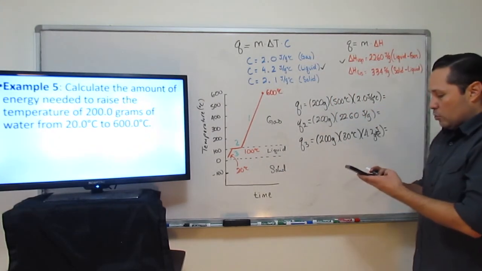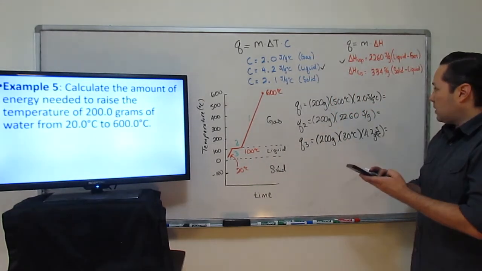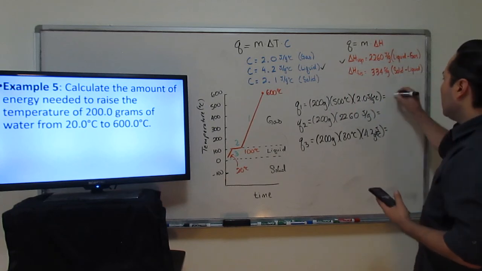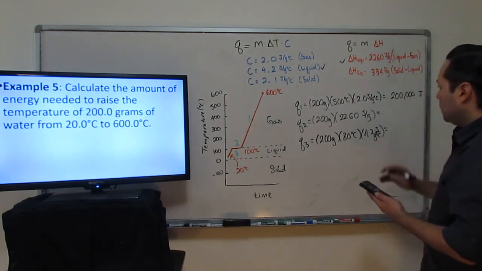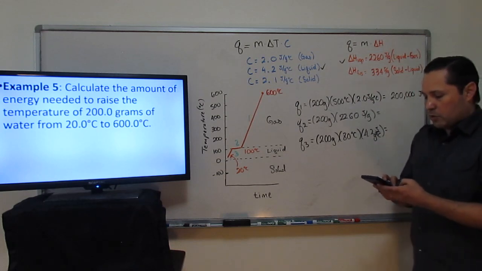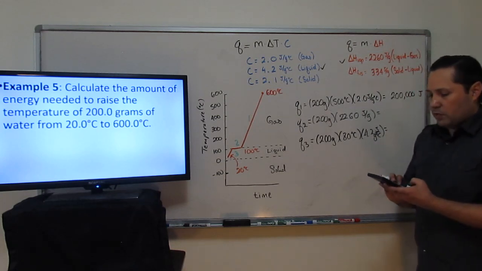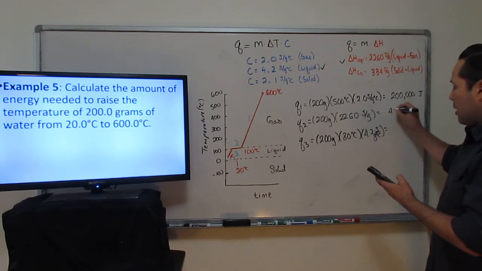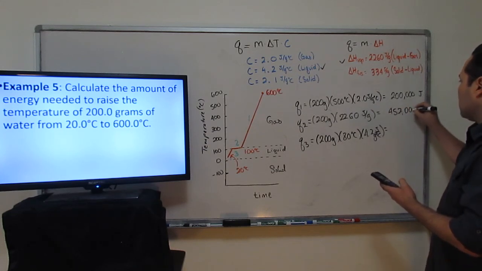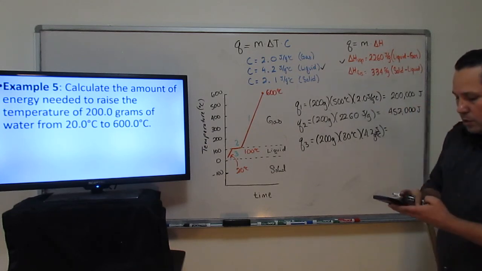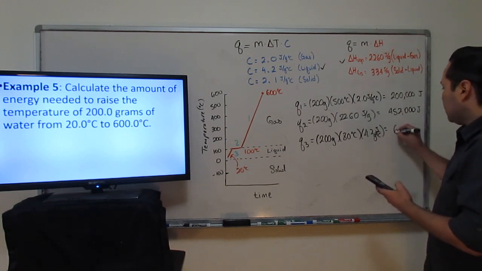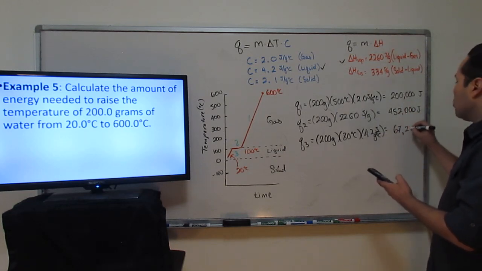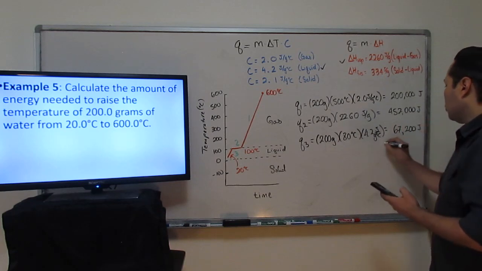So it's going to be 200 times 500 times 2, which gives us 200,000 joules. 200 times 2,260 gives us 452,000 joules. And finally, 200 times 80 times 4.2 gives us 67,200 joules.